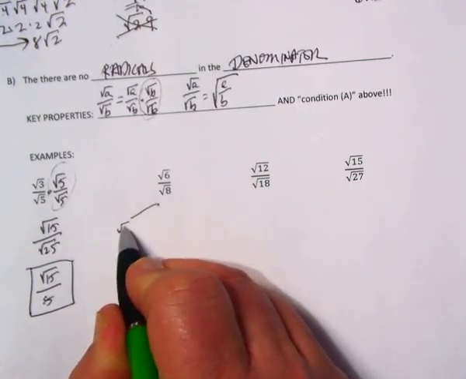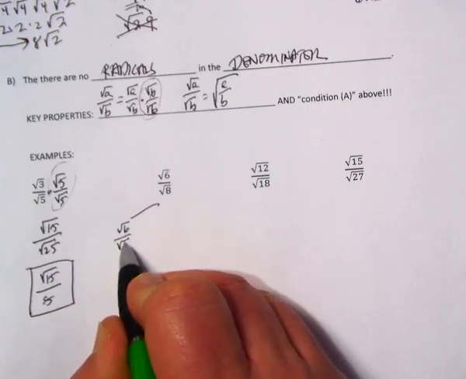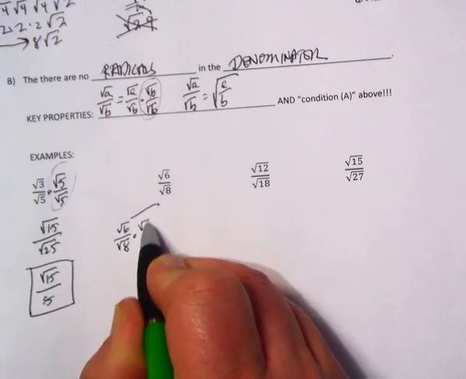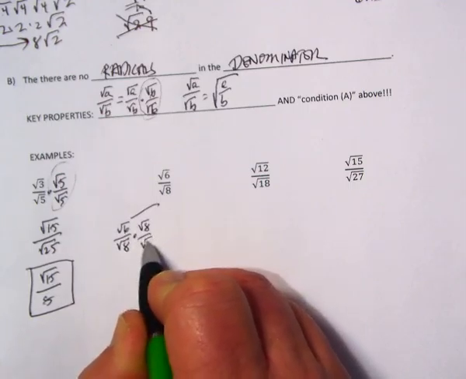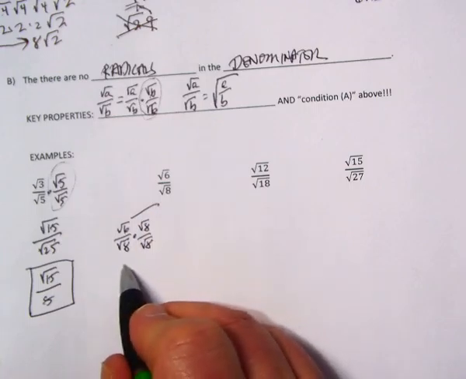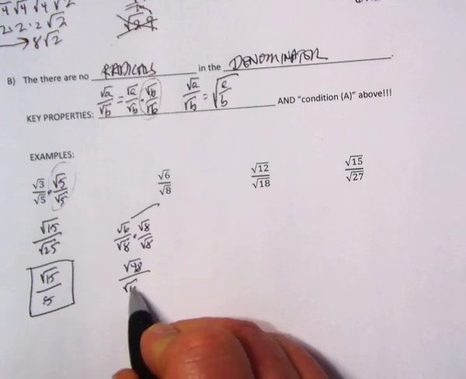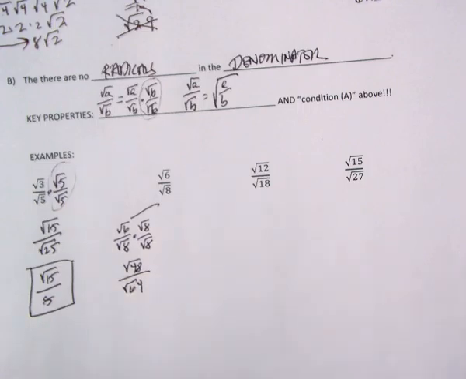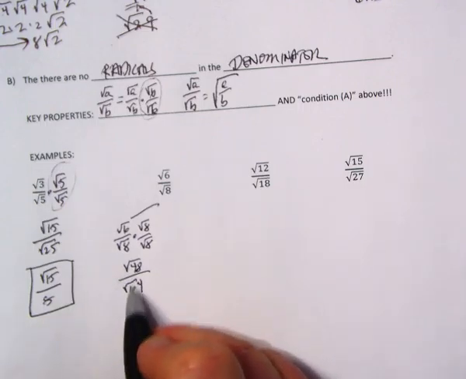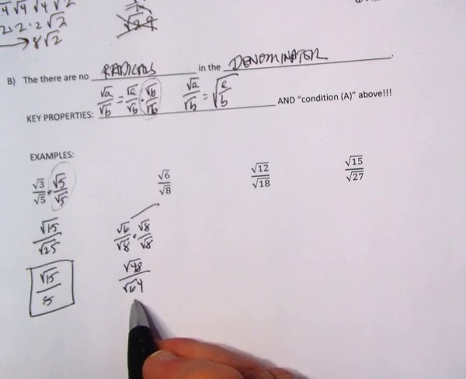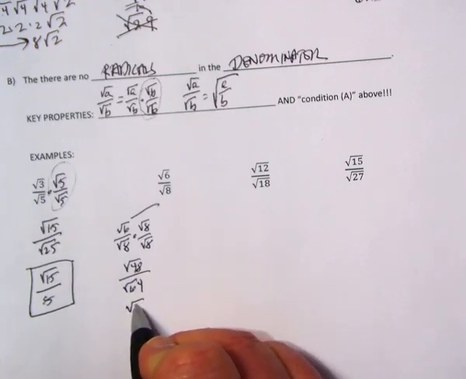If we use the rule and take the square root of 6 all over the square root of 8 and multiply this by the square root of 8 all over the square root of 8, then that will give us the square root of 48 all over the square root of 64. And the square root of 64 in the denominator we know to be 8, so then this would be the square root of 48 all over 8.